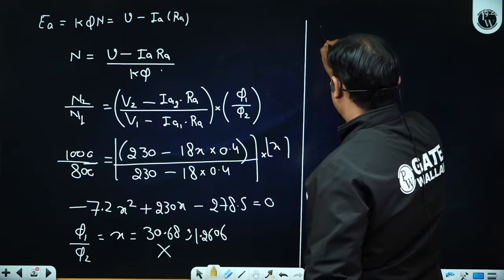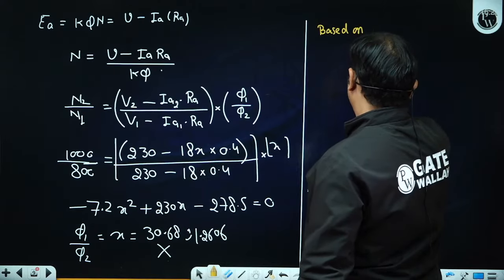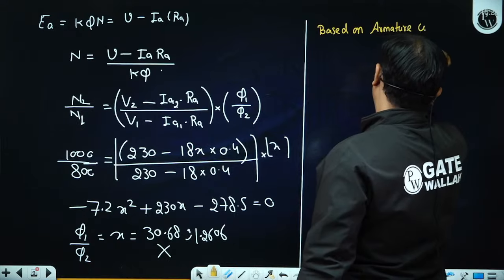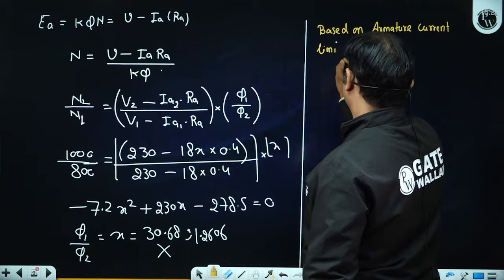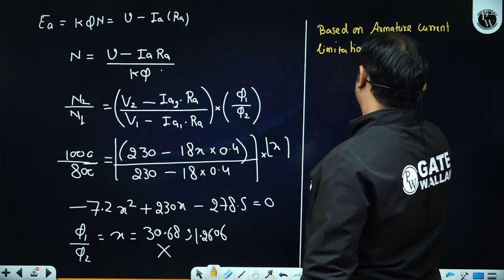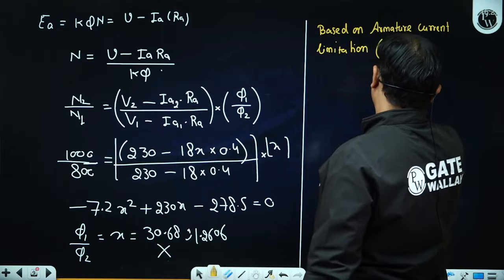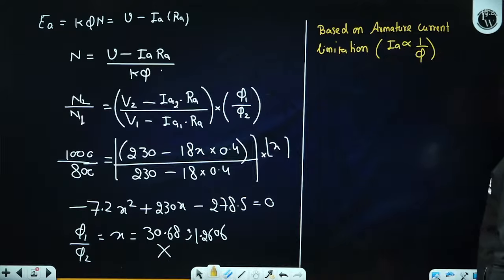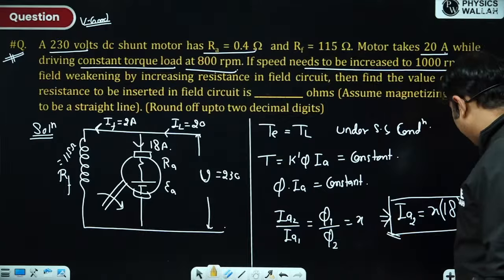So based on armature current limitation, because your armature current is inversely proportional to flux in this particular case, as phi into Ia is constant, so Ia is 1 by phi.